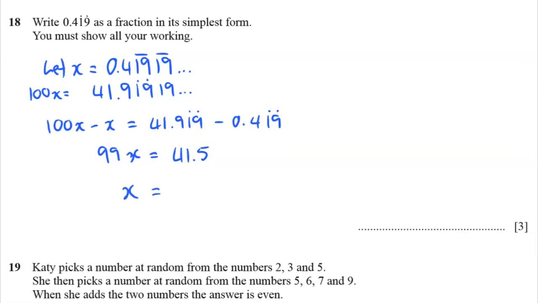Divide by 99 and we'll get 41.5 divided by 99. We need to get rid of the decimal place, so multiply by 2, 83 over 198. That does look like it's in simplest form already. If you're not sure, put it in your calculator, see if your calculator will give you a simpler version. It doesn't. So that is my fraction in simplest form.